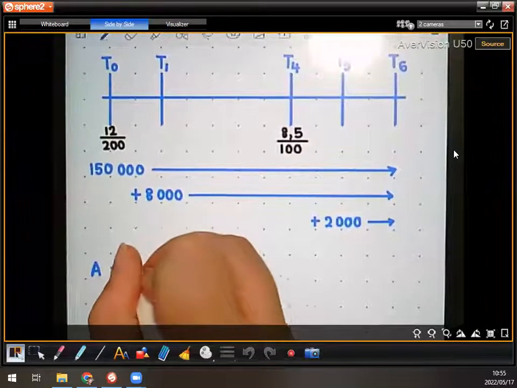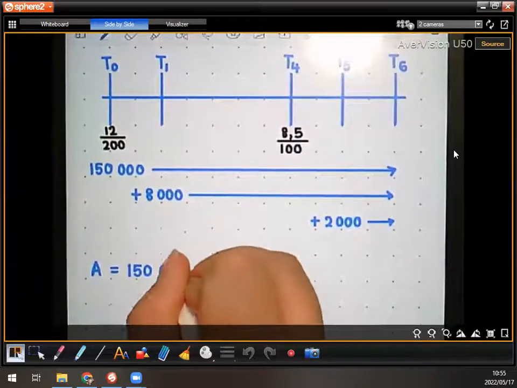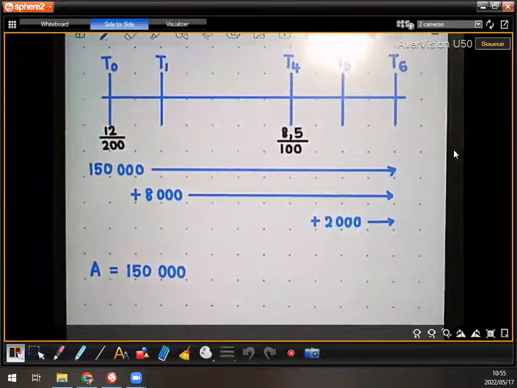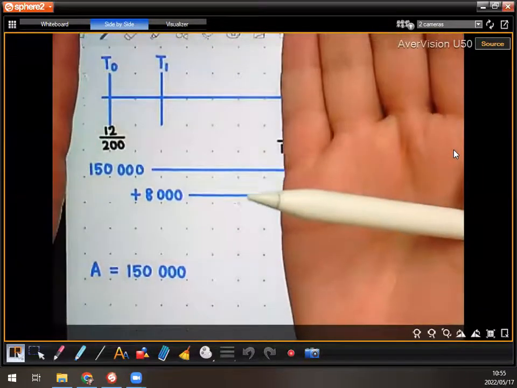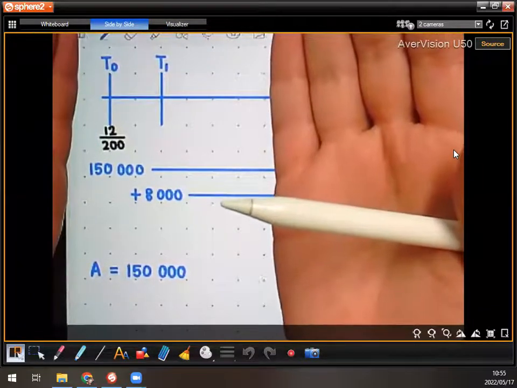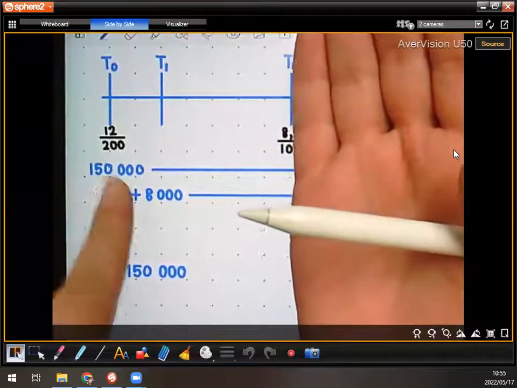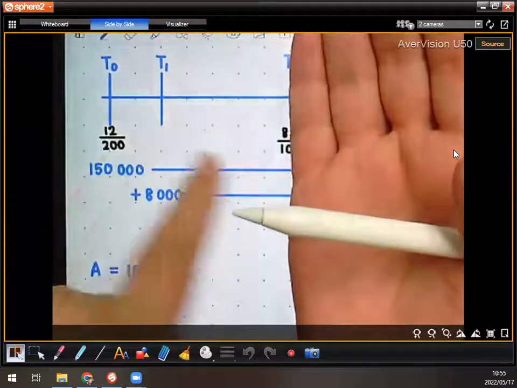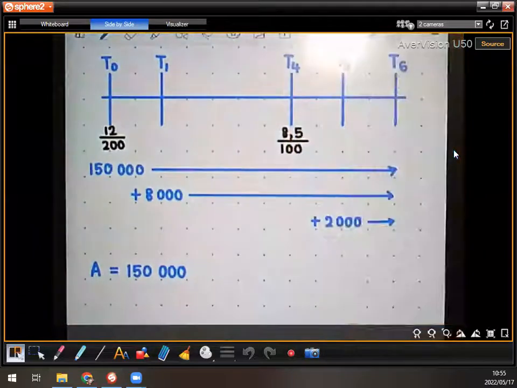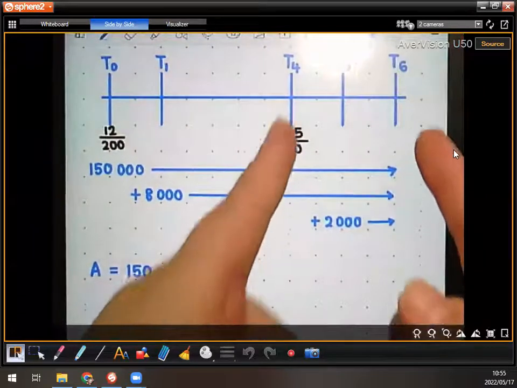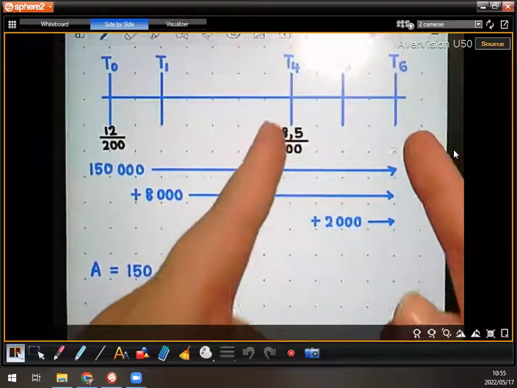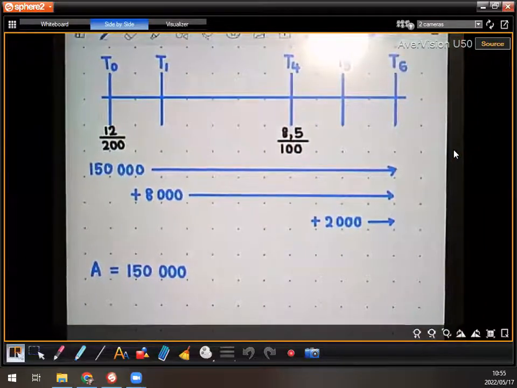So 150,000. For 4 years, it was at that first interest rate. Right, so we're going to make one interest bracket for the first interest rate, like we learned yesterday. Then for the next 2 years, we're going to do our second interest bracket at the second interest rate. Okay, so one calculation for 150,000.